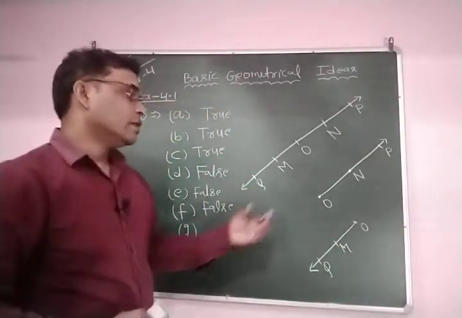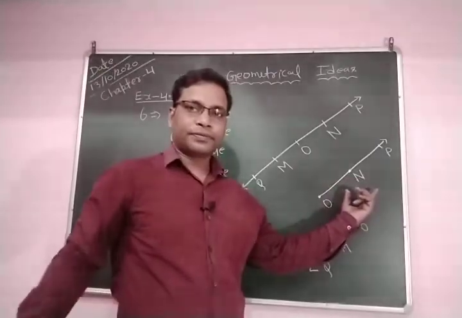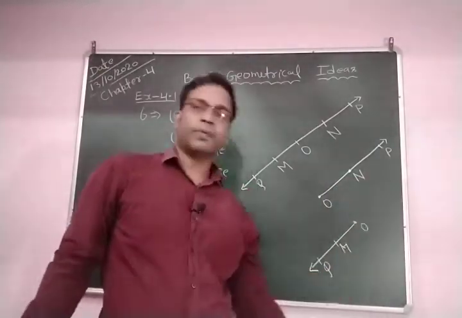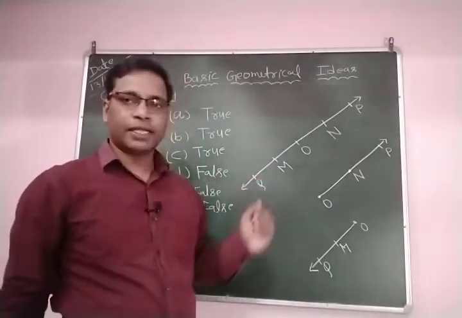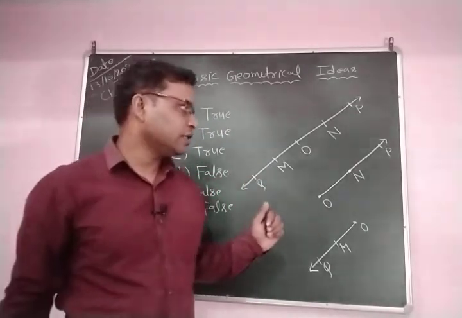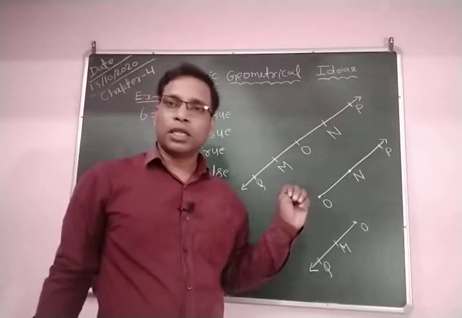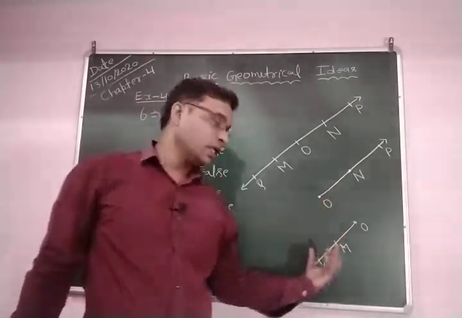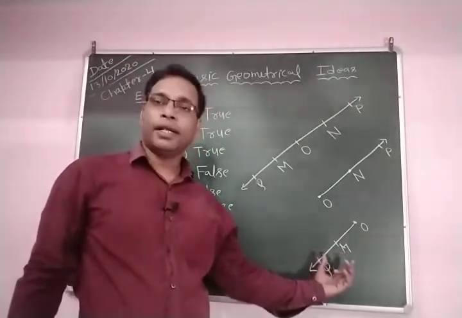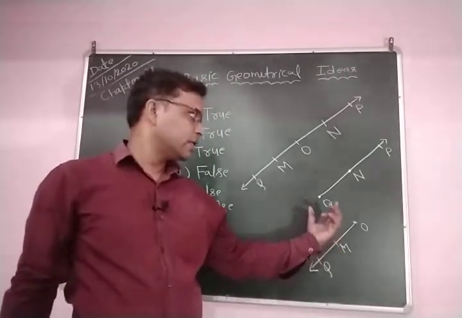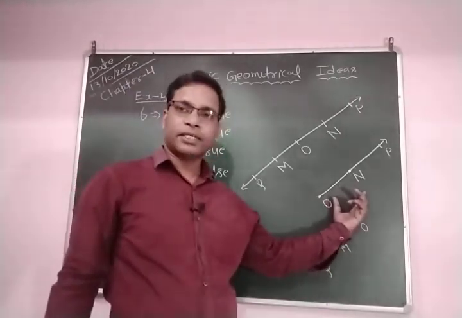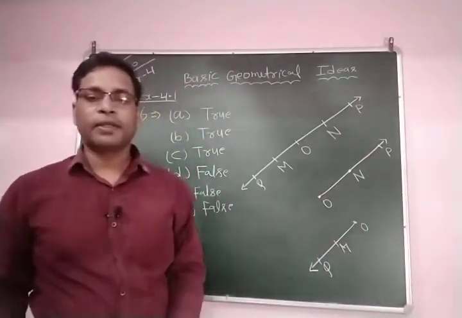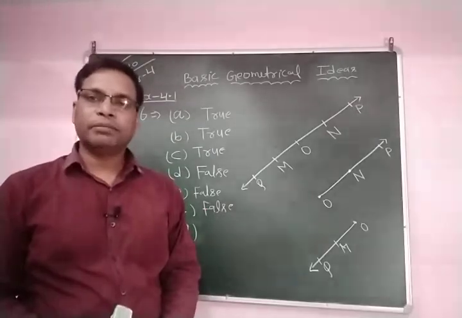Okay. So here you can see this is ray OP and this is ray OQ. Both have different directions and both contain different points. Ray OP contains point N, but ray OQ contains point M. So they have different directions. Okay, so you can say they are different. So the given statement is true.